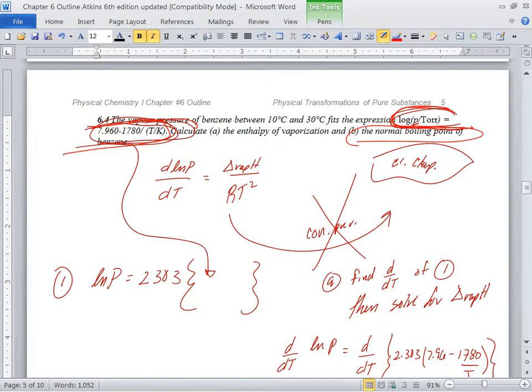It relates the vapor pressure and the temperature. So if you put in 1 atm, I get it in torrs, right? Because this expression's for torrs. Get it in torrs and solve for T, and that'll be your answer in Kelvin. I would say that's the normal boiling point. I'm pretty sure that's what they expect, that you use that expression and not the Clausius-Clapeyron expression.